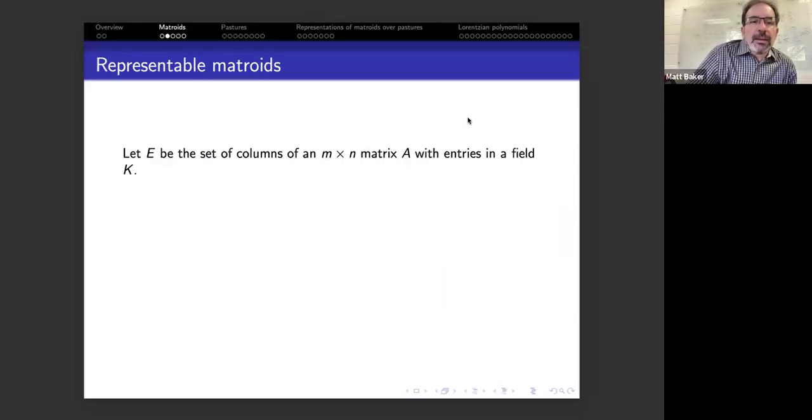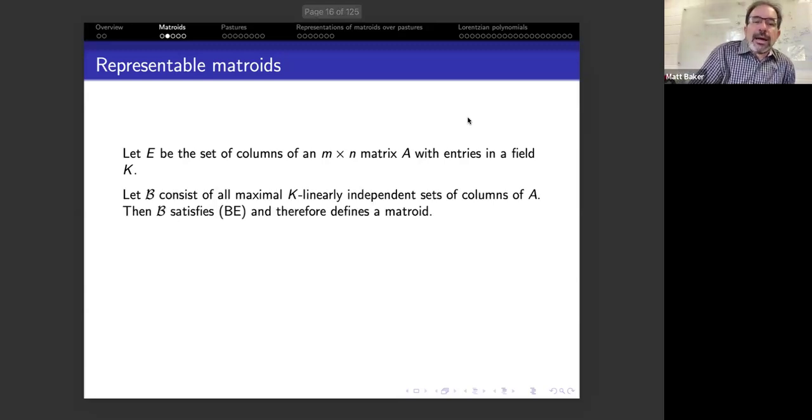So the most common examples that one sees to get intuition, and maybe one of the original motivations for matroids, is the representable case. So this is where E indexes the columns of some matrix A with entries in a field K. And now the bases are the maximal linearly independent sets of columns.